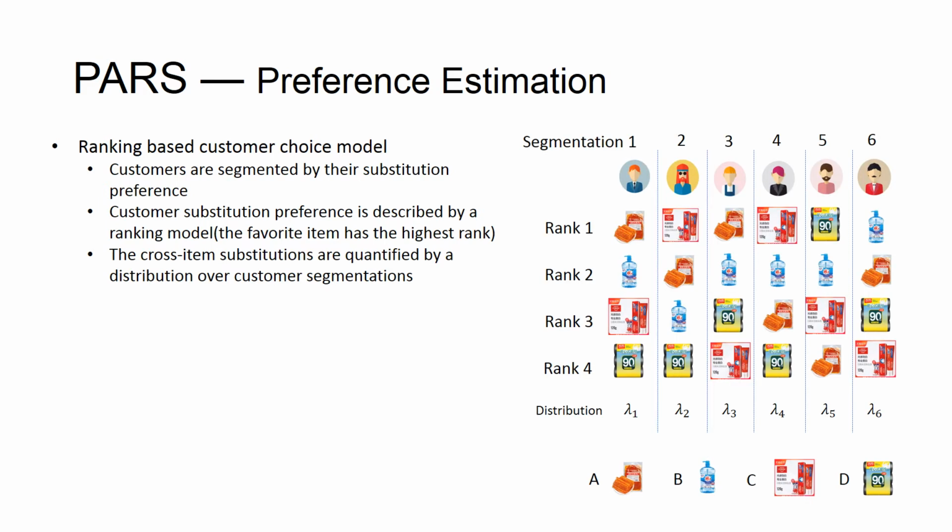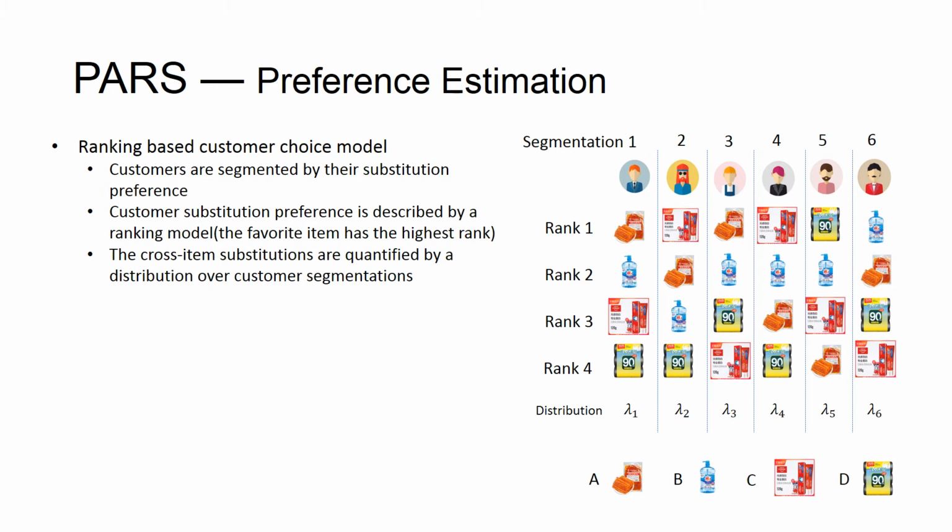Just like this figure shows, assume we have 6 customer segments. Each customer segment has a corresponding permutation or ranking. For example, customer segment 1 may have item A as the first rank, but customer segment 2 may have item C as its first rank.